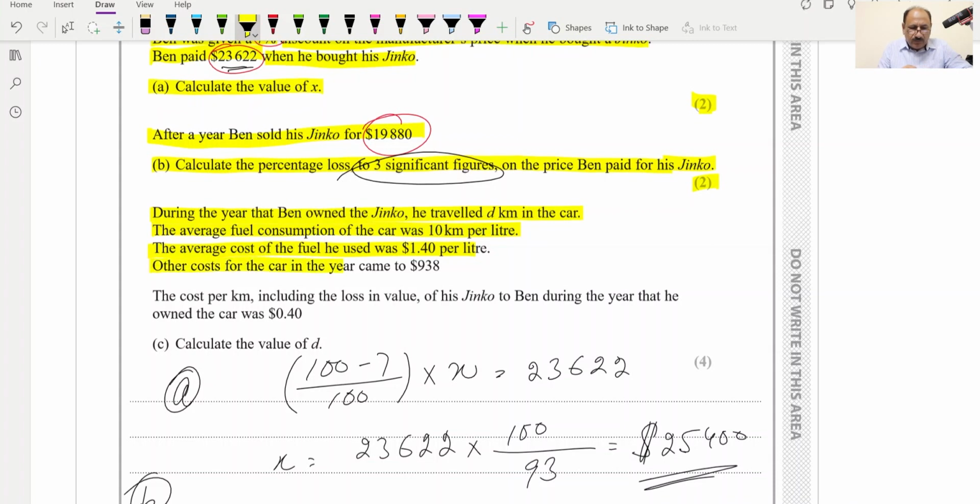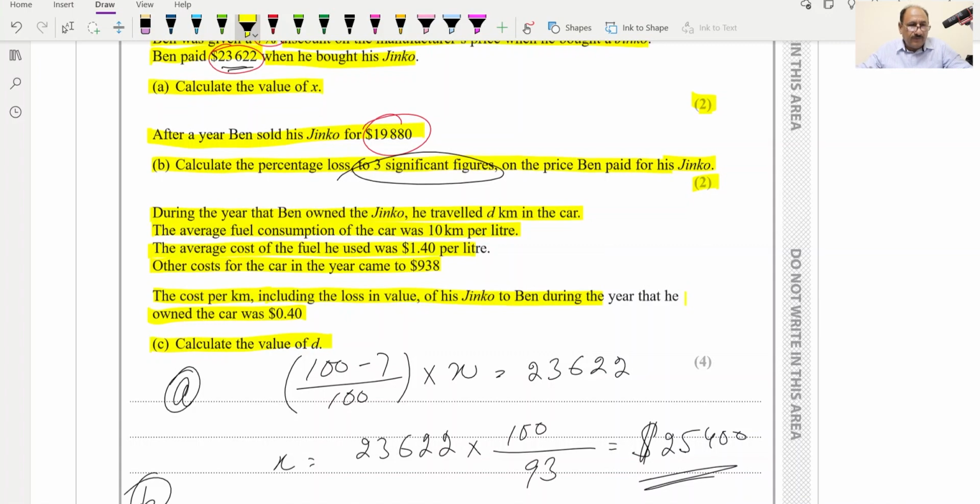Other costs for the car in the year came to $938. So the cost per kilometer, including the loss of the value of his Jinko to Ben during the year that he owned the car, was 0.40 dollars. Calculate the value of D.